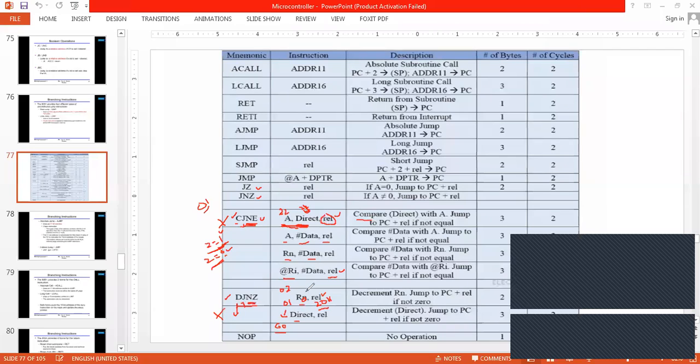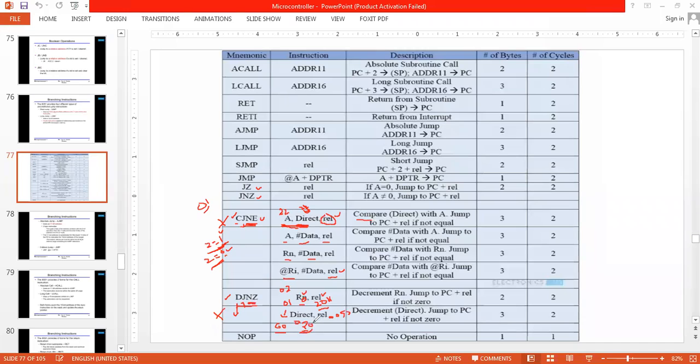Either I can write R0 or I can write the direct address here. Okay, say 20H is the direct address and the relative address is going to be 50H. So here 20H is not going to be decremented, but the value inside the 20H, that is going to be decremented. Okay, is it understood? CJNE, compare and jump if not equal.